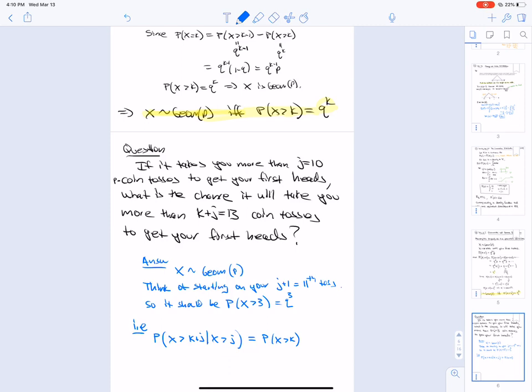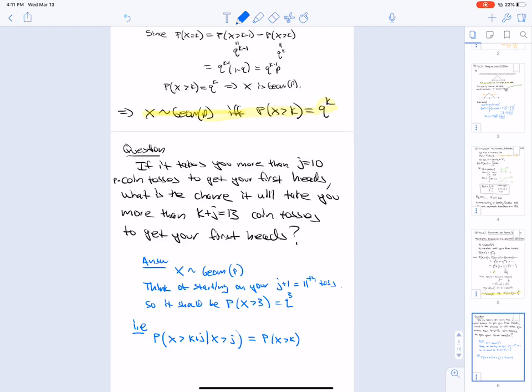Well, isn't it obvious that it is the unconditional probability that X is greater than 3? What you got in your first 10 tosses doesn't affect what you get after those 10 tosses, because each toss is independent.